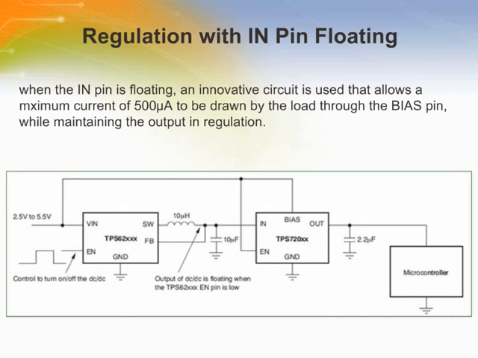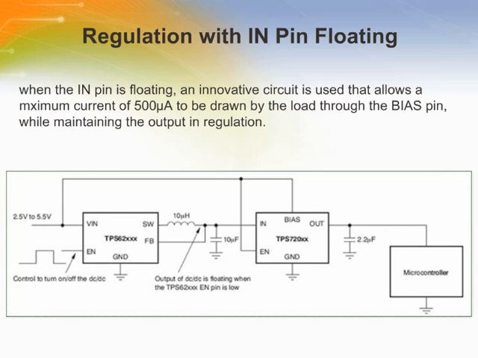This feature is particularly useful in power-saving applications where a DC to DC converter connected to the input pin is disabled, but the LDO is required to regulate the output voltage to a light load.